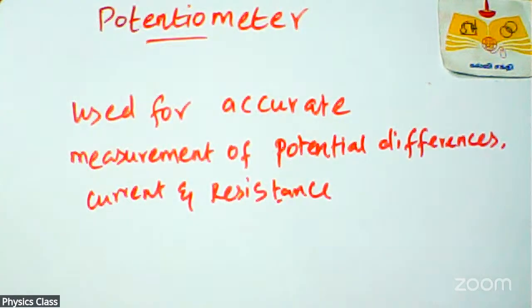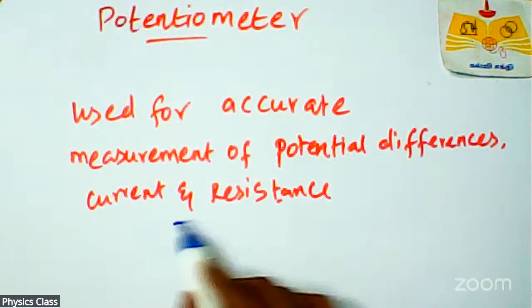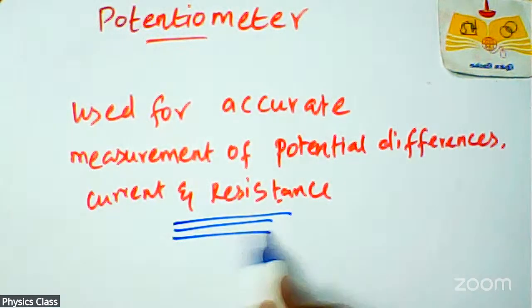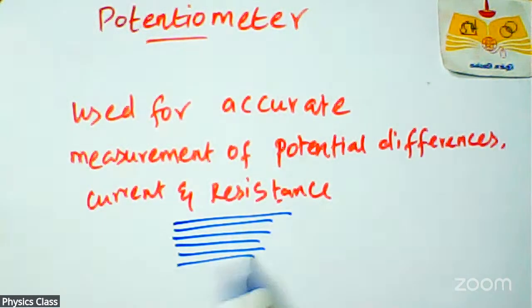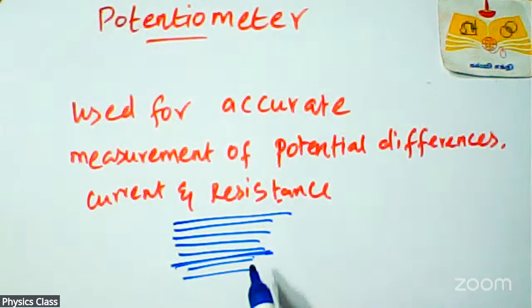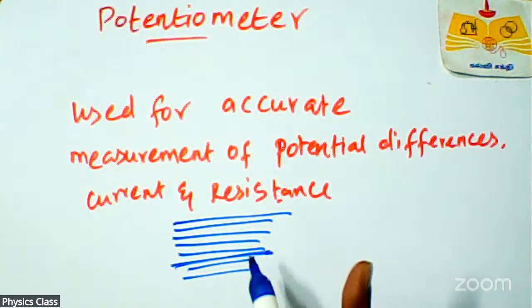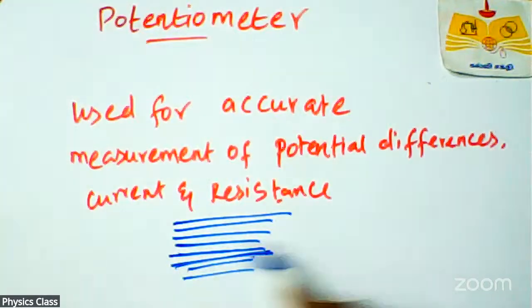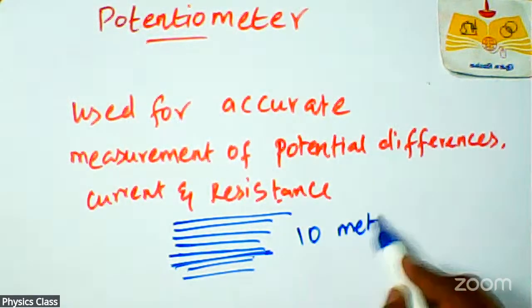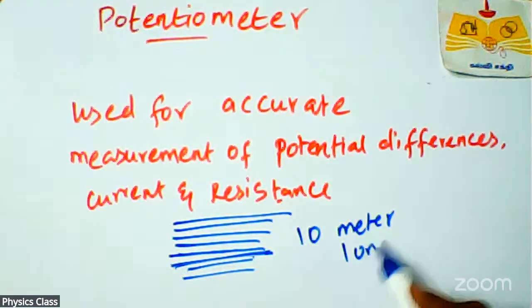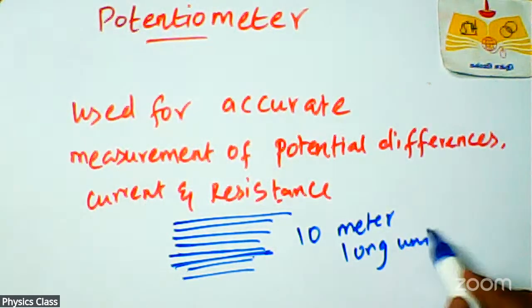Right. So this device consists of a 10-meter long wire like this. Every single line means 1 meter of wire. So 10 lines, 10 meters.